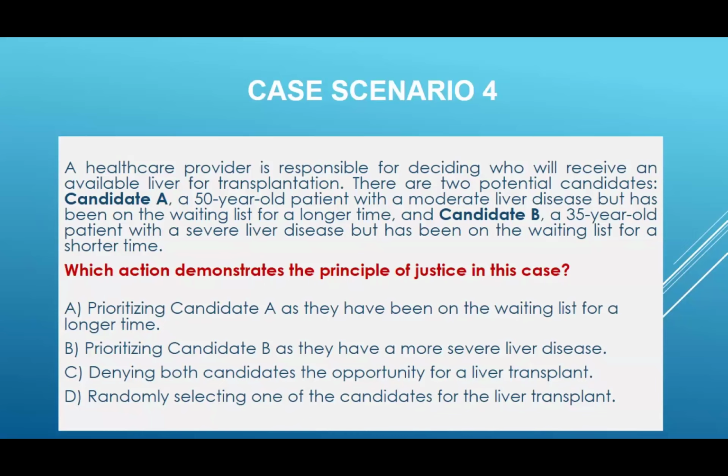Which action demonstrates the principle of justice in this case? To prioritize candidate A as they have been on the waiting list for a longer time, or candidate B as they have a more severe liver disease, or denying both candidates the opportunity for a liver transplant, or randomly selecting one of the candidates for the liver transplant.